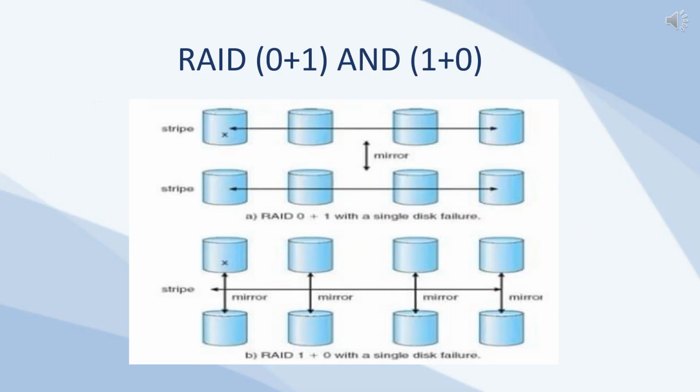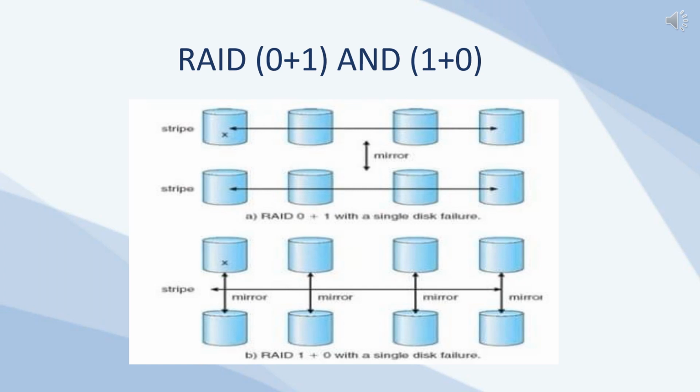RAID 10 or RAID 1 plus 0 or 0 plus 1. RAID 10 combines the features of RAID 1 and RAID 0. Data is mirrored and striped, and the advantage is excellent performance and high redundancy.